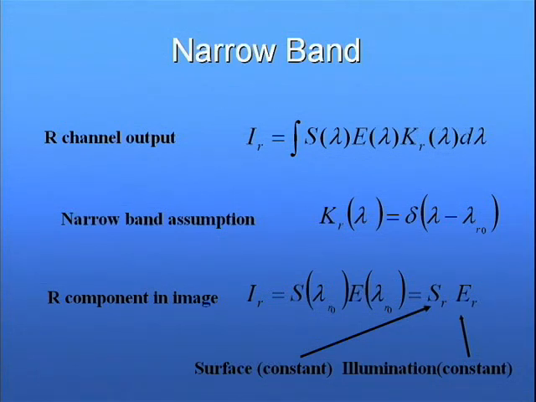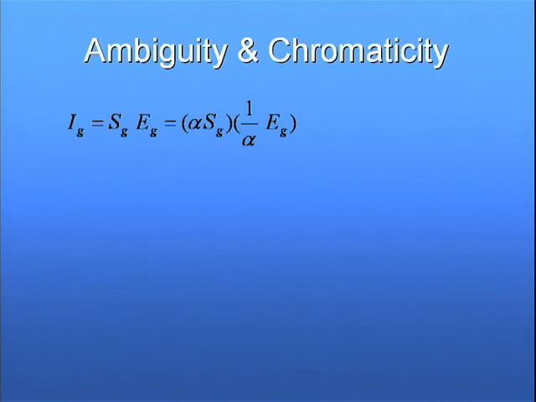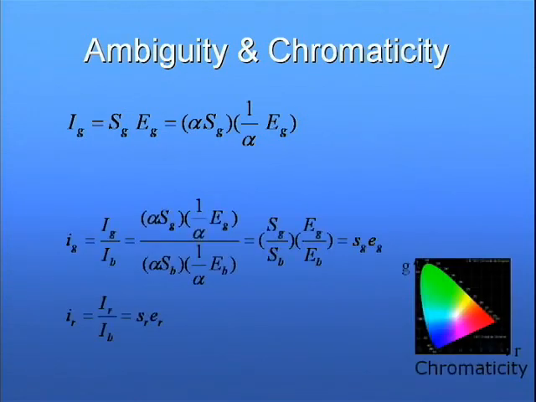And also, there is ambiguity in terms of intensity. If surface color is dark and illumination is strong, or if the surface is brighter but illumination is dark, the result is the same. So there is ambiguity in terms of brightness. In order to cancel out this ambiguity, we use so-called chromaticity.